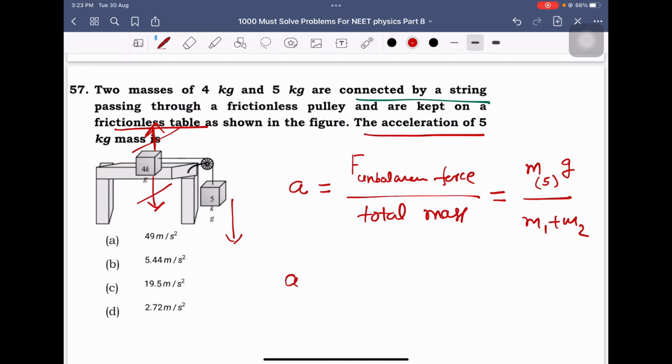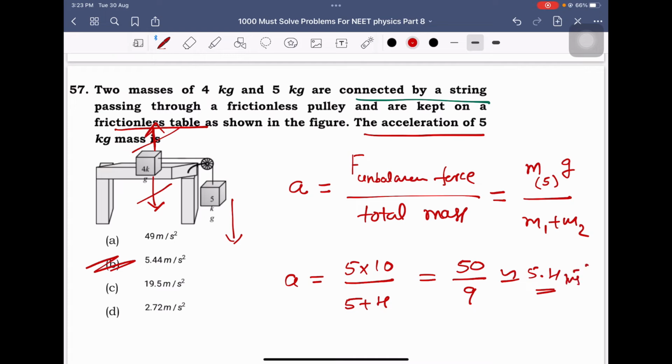So acceleration is equal to 5 into g, 50, divided by 5 plus 4, total mass 9. So 50 by 9. 45 by 9 is 5, so 50 by 9 is around 5.5. Therefore approximately 5.44 meter per second square. So option B is correct.